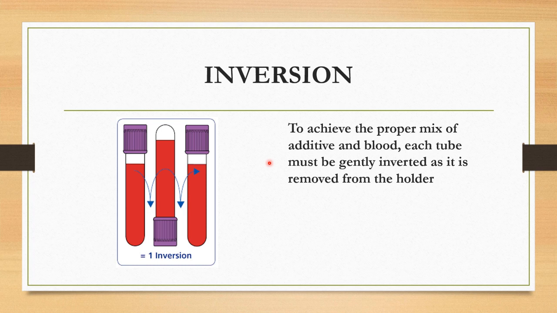So soon after taking the blood sample, you have to mix the tube as shown in the picture. After taking the sample, turn the tube downwards, then turn it upwards. That is equal to 1 inversion. Each tube requires a different number of inversions. We will discuss that in the further slides.